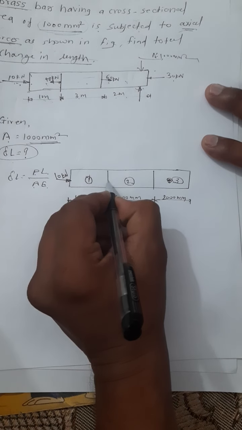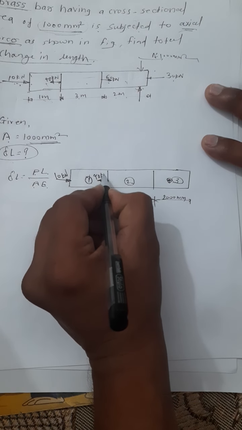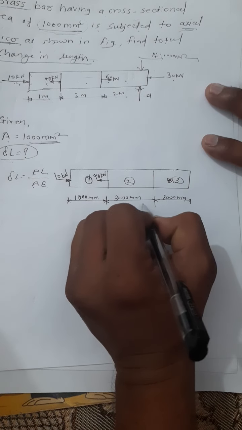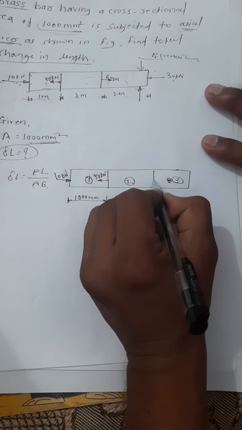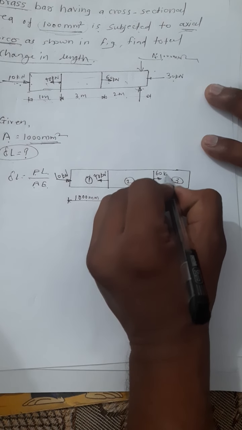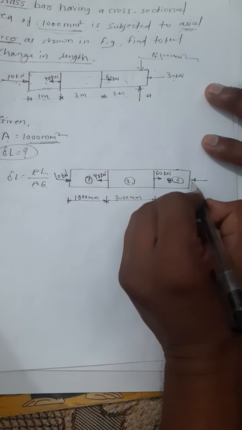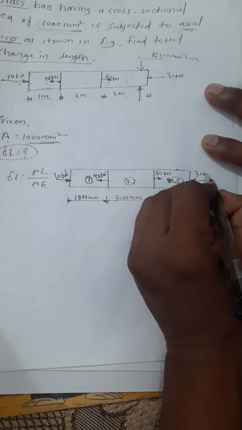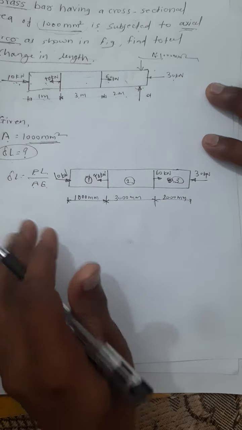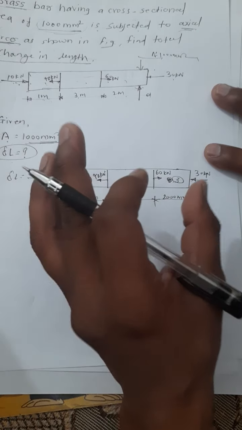Section number 2 from the right side is loaded by 40 kilonewton, then 60 kilonewton, and section number 3 from the right side is loaded by 30 kilonewton. Just focus on how this figure is loaded by forces.